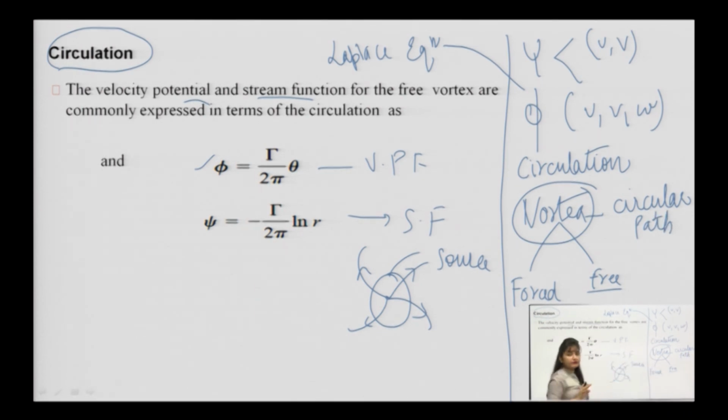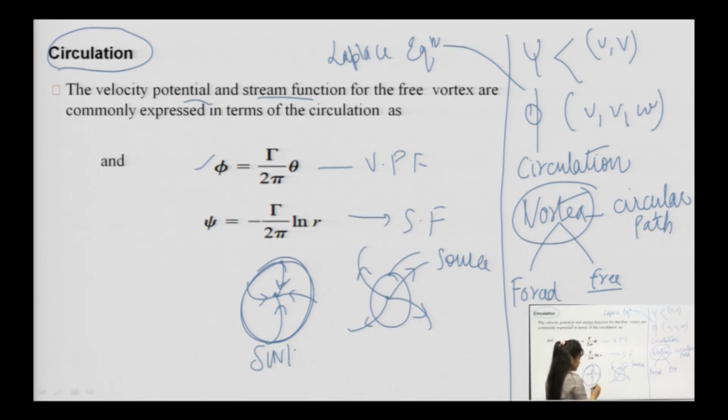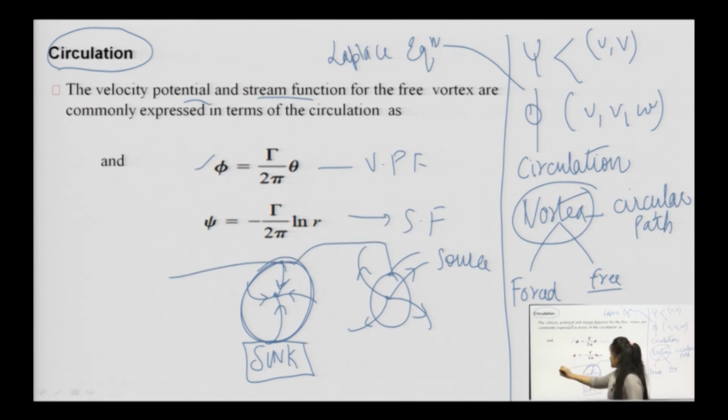Similarly, if you find a place where the flow is coming radially inward in this circular pattern, then this formation of flow is termed a sink, and the place where both the sink and source are available can be termed a doublet. Doublet formation.